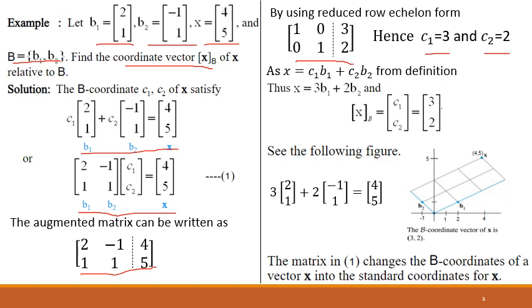So in the form of a linear combination, we can write x as 3b1 plus 2b2. And the coordinate vector xB of x relative to B can be written as this.